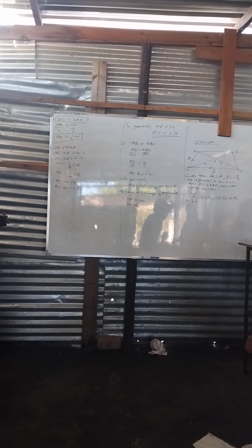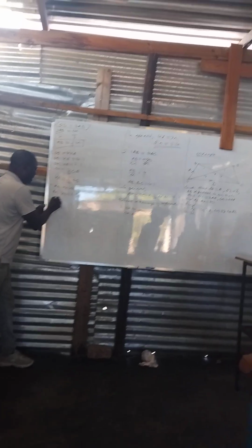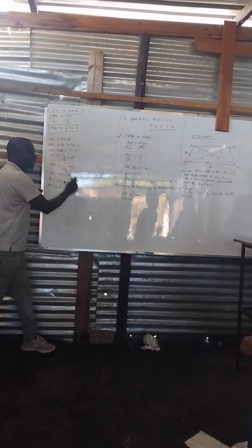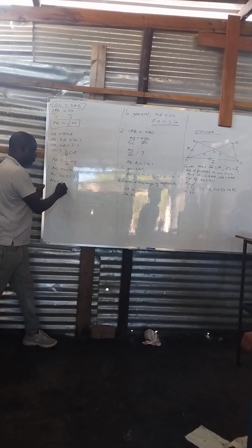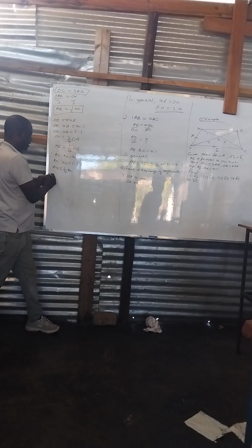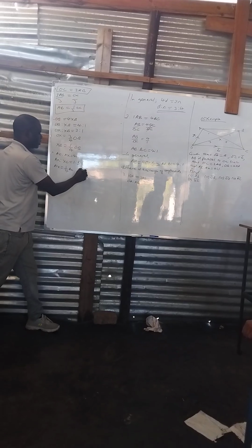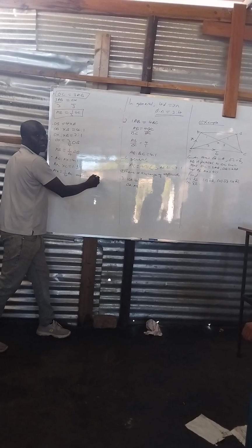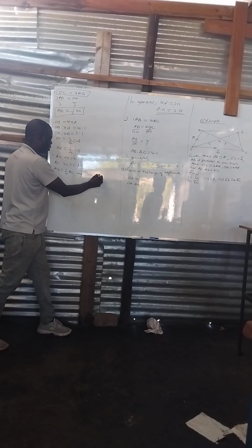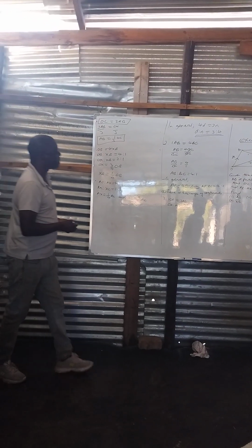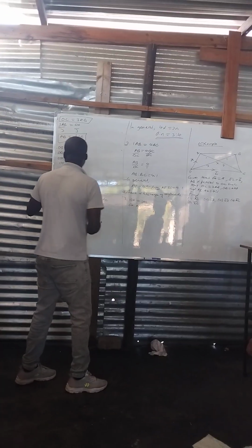Therefore AX is 1 part out of the 4 parts of the line AC. And XC occupies 3 parts of the 4 parts of the whole line AC.